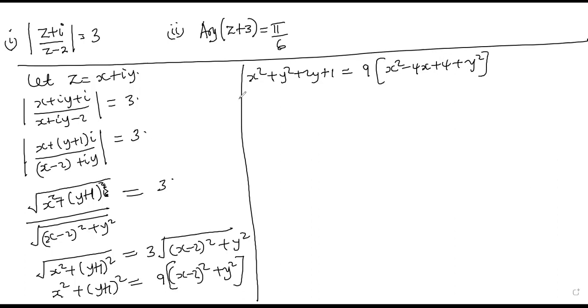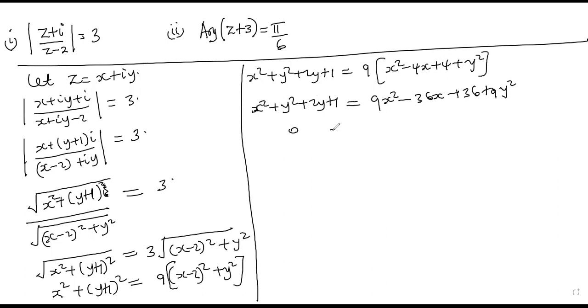So when you open the brackets here, you're going to get x squared plus y squared plus 2y plus 1 is equal to 9x squared minus 36x plus 36, then plus 9y squared. When you bring everything this side, you have a 0 this side.